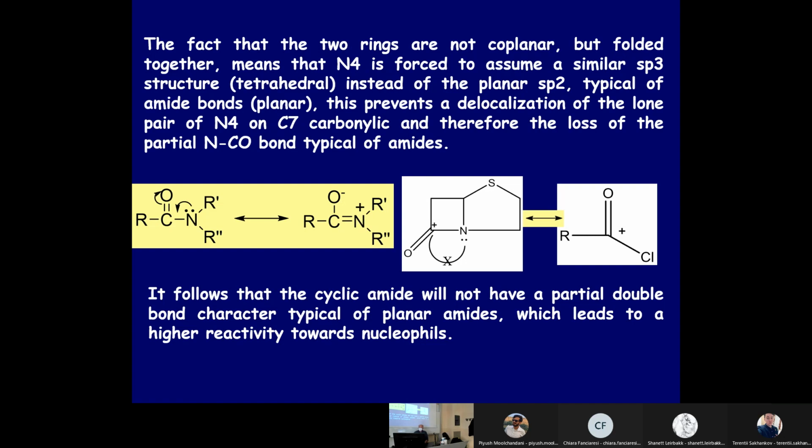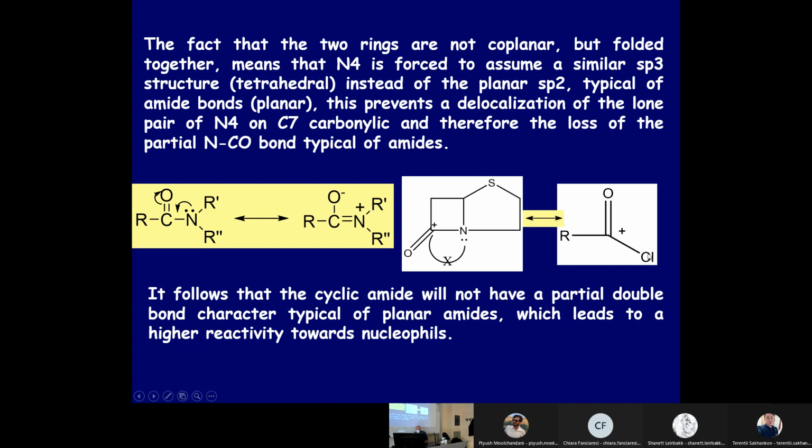If you make an IR spectrum of a penicillin, you see that the frequency of this carbonyl is quite the same as an activated carboxylic acid.